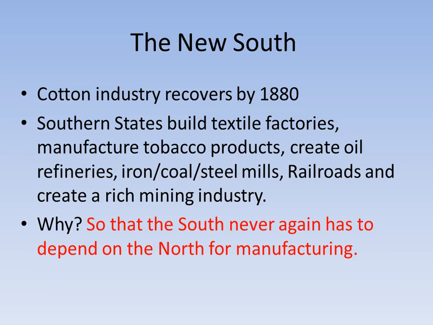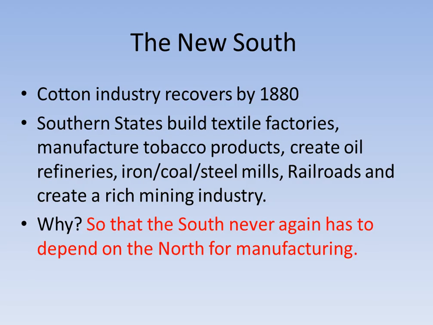And the Southerners react against this and say, all right, how can we make our Southern states stronger? And the New South is this idea that comes out. And the cotton industry will recover by 1880. So towards the end of Reconstruction, the cotton industry picks back up, and that's going to help out the Southern states.